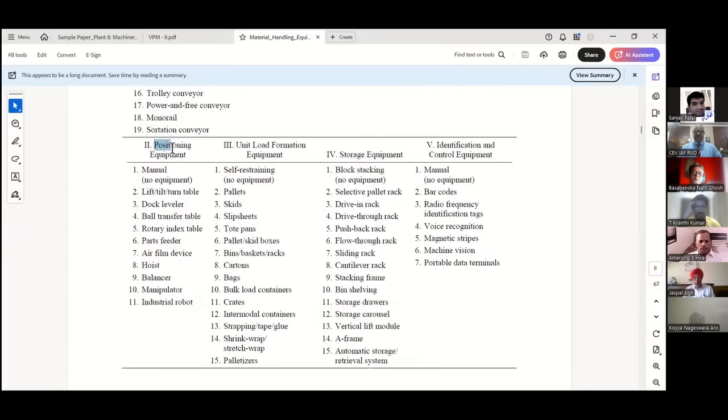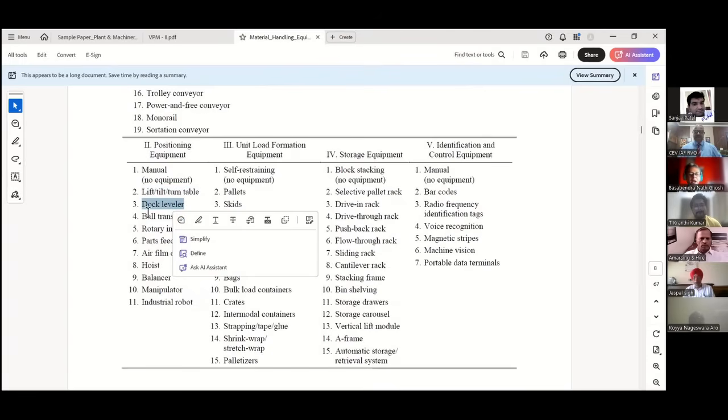Same with positioning equipment, where we change the positions. Manually without equipment, lifting, tilting, or turning tables. If you want to move to any angular position, meaning you have to move 90 degrees, then that can be done by the turning table.